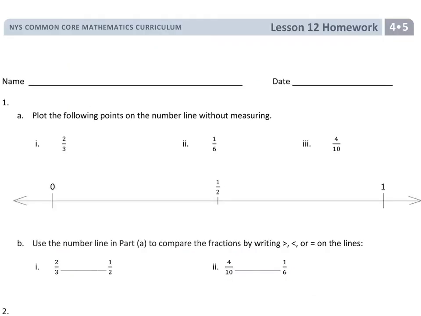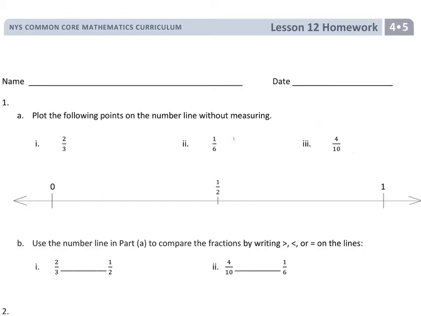Look at this first question on your homework, where it asks you to plot 2/3, 1/6, and 4/10 on a number line. Now the number line's already marked for you from 0 to 1. These fractions do all exist in between 0 and 1, so they go on there somewhere.